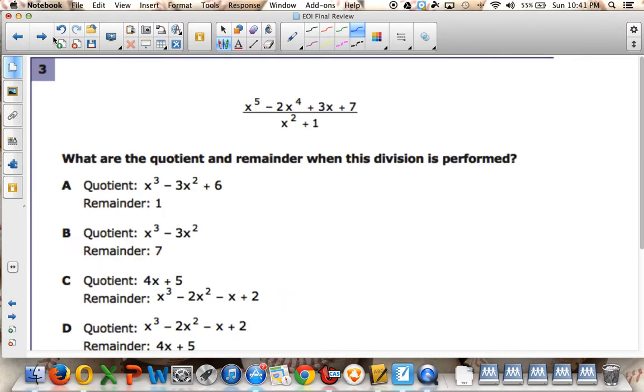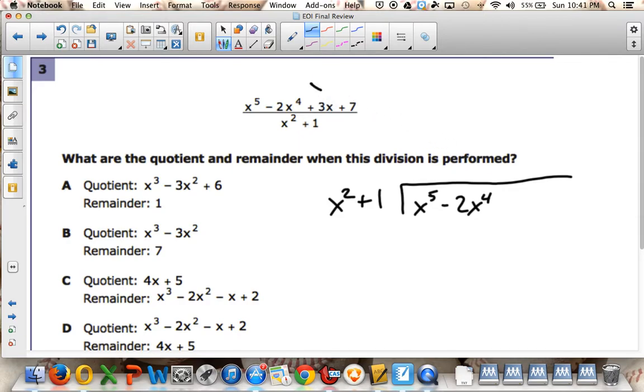Next question. What are the quotient and remainder when this division is performed? So I can rewrite this as x squared plus 1 divided by x to the 5th minus 2x to the 4th. Now pay attention here.